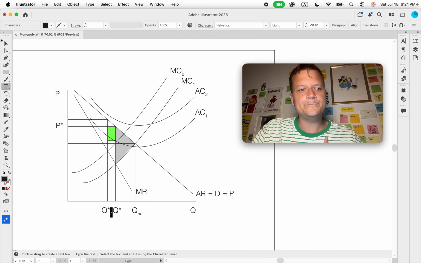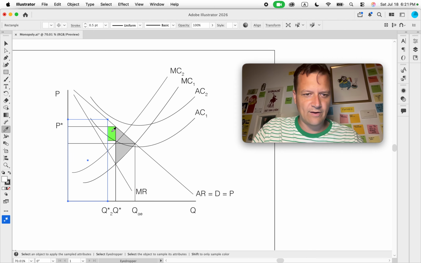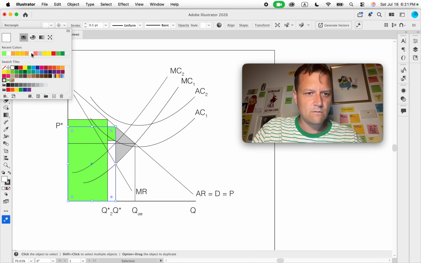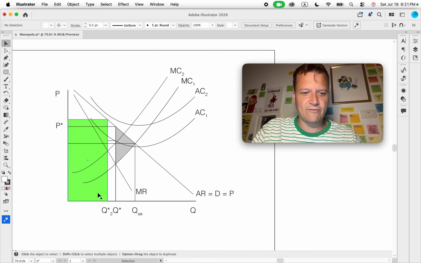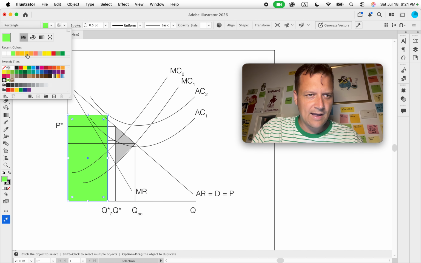Now we identify that this area is my total revenue. So this is my new total revenue. But again, at this quantity, we drag it all the way up to here to get our total cost, which is going to be a bit higher.